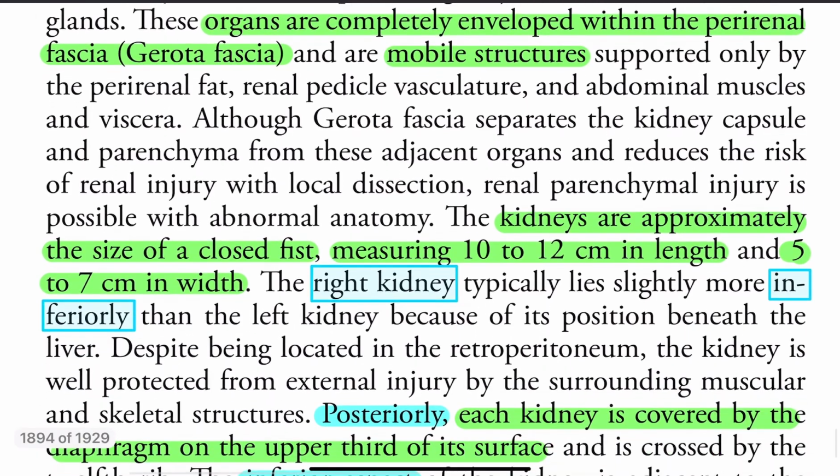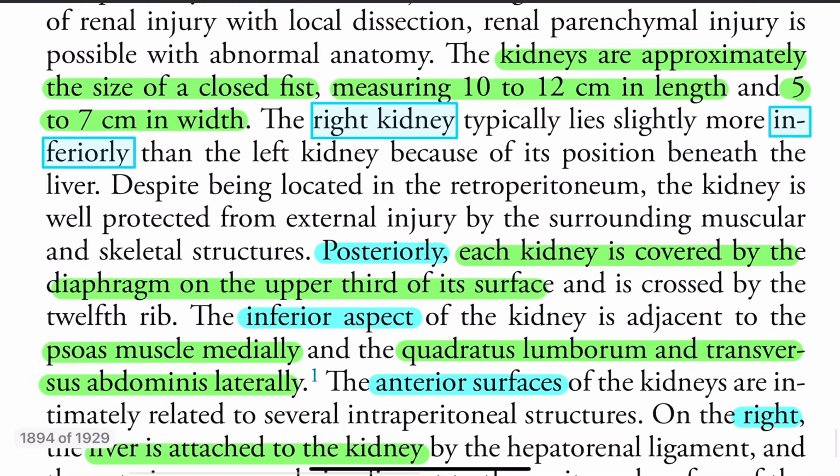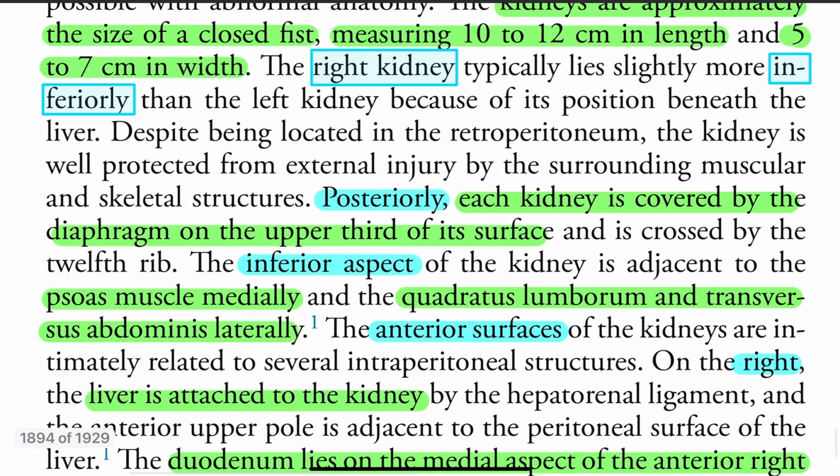The kidney is approximately the size of a closed fist, measuring 10 to 12 centimeters in length and 5 to 7 centimeters in width, and the right kidney lies slightly more inferiorly because of the liver. Posteriorly, each kidney is covered by the diaphragm on the upper third of its surface.